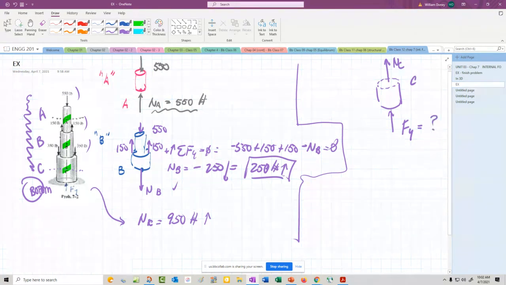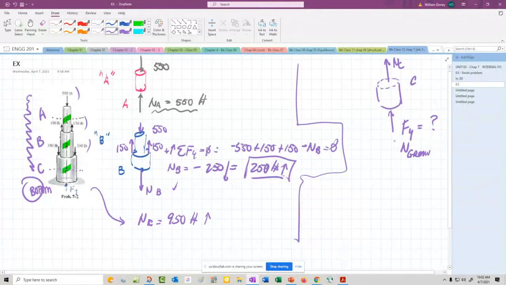Well, we would need to know what that force is at the bottom, and that's really just the normal force from the ground. So that's sort of F_N of the ground. We would need to know that by summing forces in the Y equal to 0 on the entire structure. And if we did that, we have minus 550 plus 300, so that's minus 250.